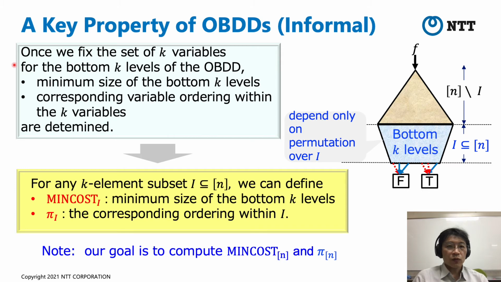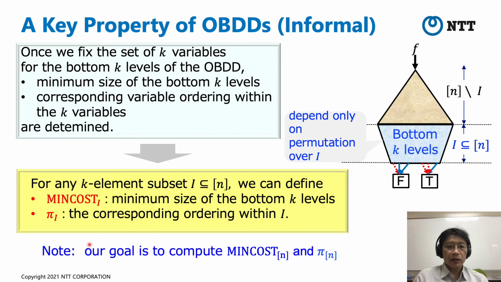Once we fix a set of k variables for the bottom k levels of the OBDD, the minimum size of the bottom k levels and the corresponding variable ordering within the k variables are determined. So, for any k-element subset I, we can define min cost I, which is the minimum size of the bottom k levels, and pi I, which is the corresponding ordering within I.